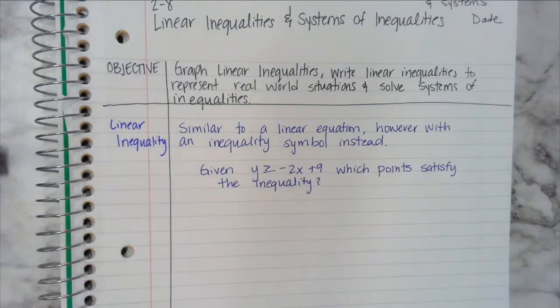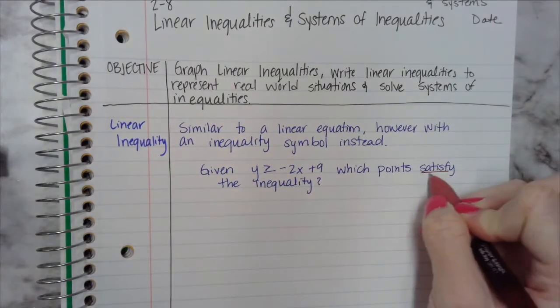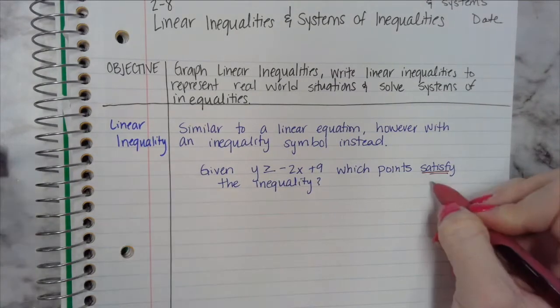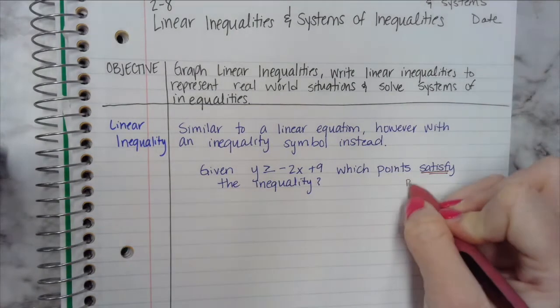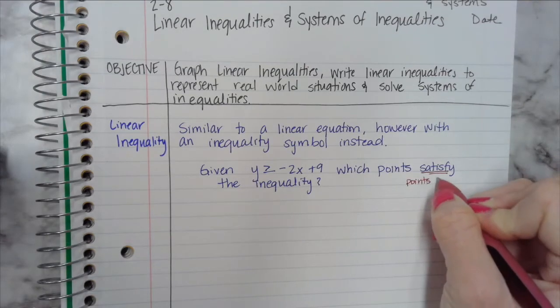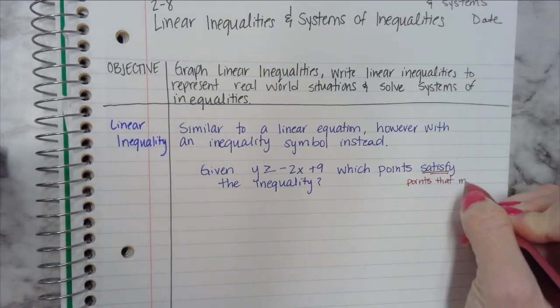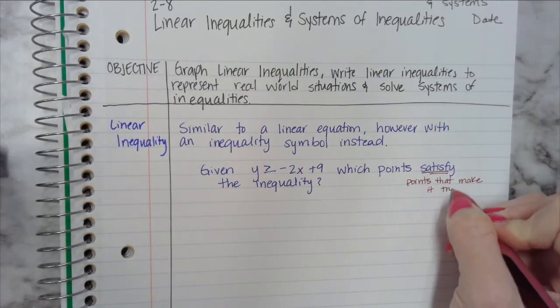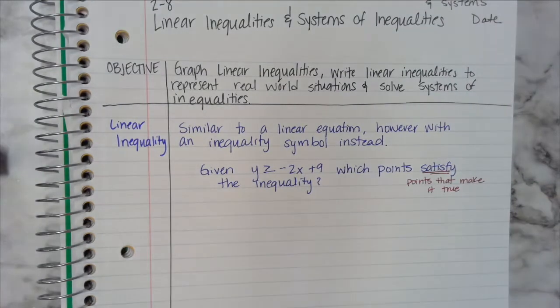And what that means is that word satisfy, that just means which points would make our inequality true. Which points make the inequality true? Points that make it true. That's what satisfy means.